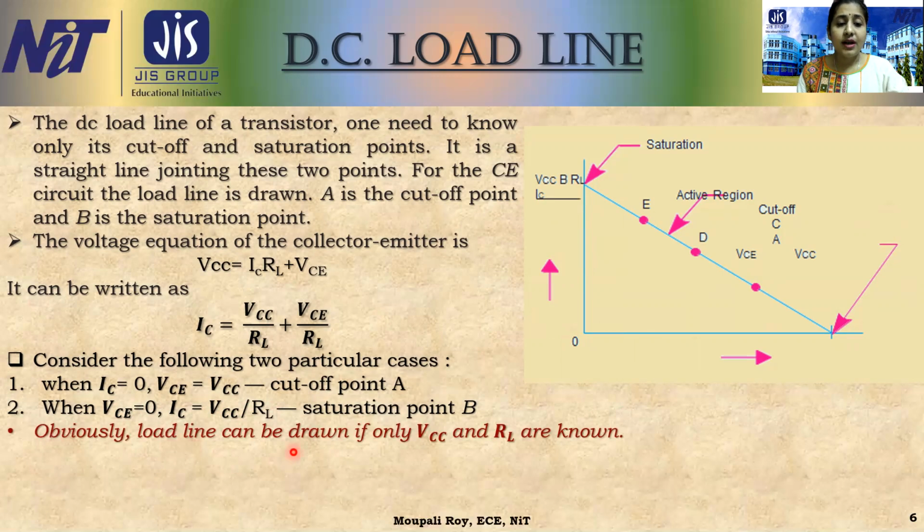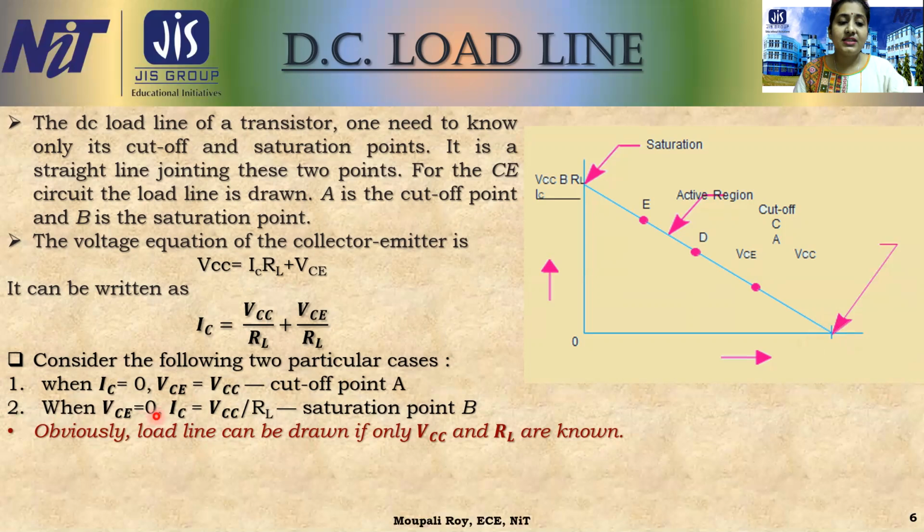Obviously, the load line can be drawn only if VCC and RL are known. If we know these two values, then we can draw it. When VCE equals VCC, this point is drawn as the cutoff point, so we mark one point in that condition.